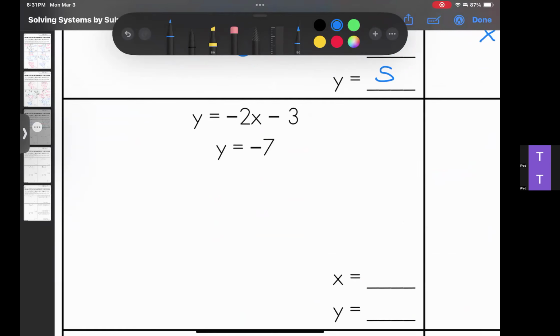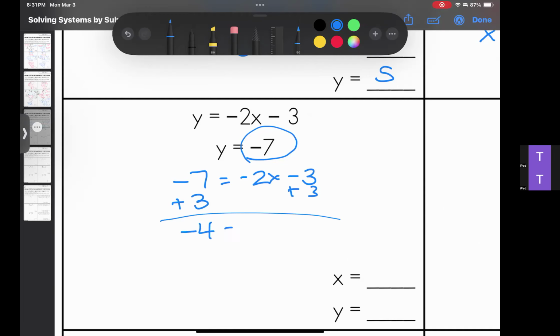Okay, so what if we take this and we plug it in here? We're going to add 3 to both sides, and we're going to get a negative 4 is equal to a negative 2x. We're going to divide by negative 2, and it's going to give us x is equal to 2. So then we're going to have to plug it in here, right? Because there is no x in the other one.